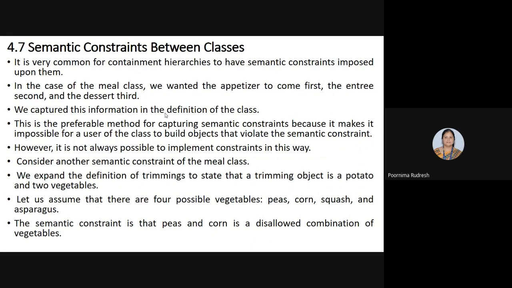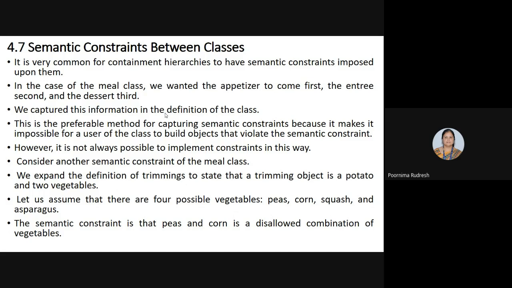Here we are considering both the containment hierarchies, broad and shallow, and narrow and deep, and it is common for containment hierarchies to have semantic constraints imposed upon them. Once again, if we consider the example of a meal class that we discussed there, right?